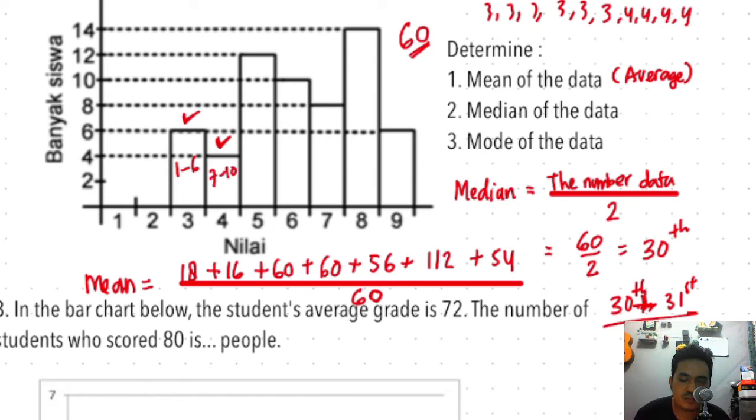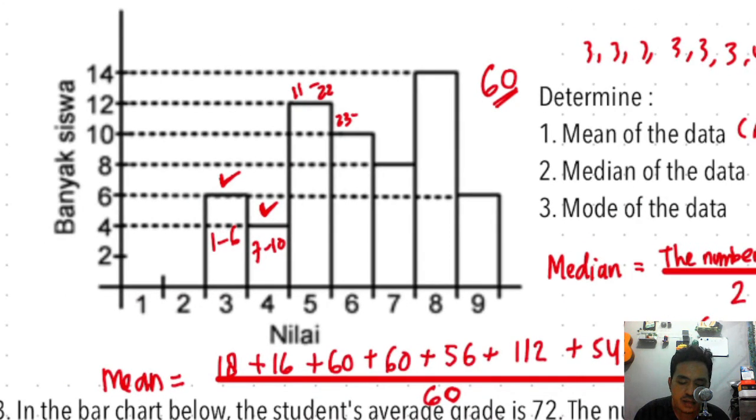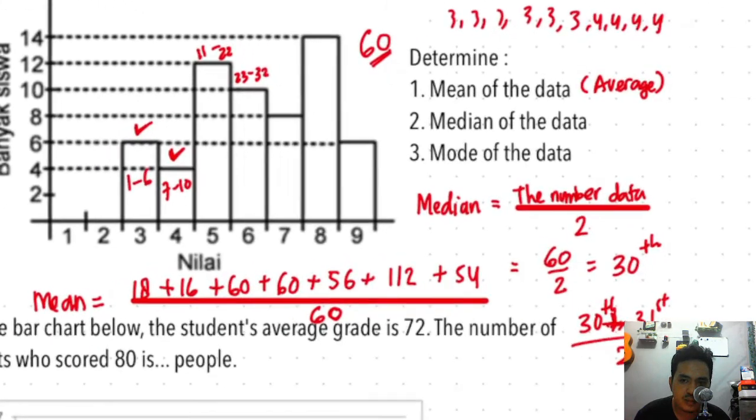And then 11 until 22, right? 10 plus 12 is 22 is over here. And then 23 until 32, because just now it was 22, add 10 more becomes 32. So 23 until 32 is the 6.